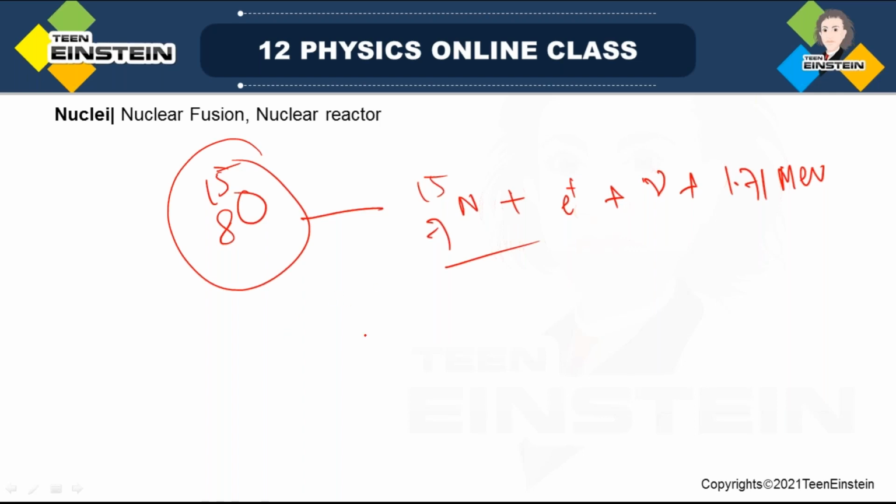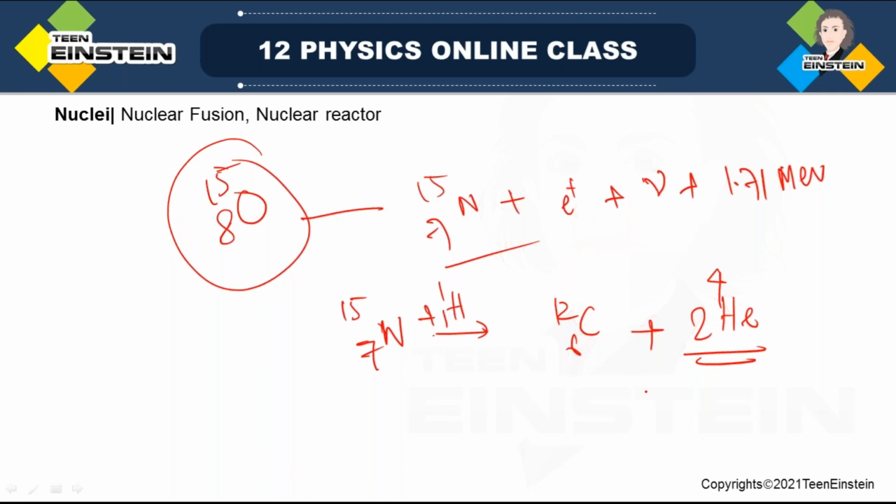And then finally, this nitrogen 15, nitrogen 7 15, upon absorbing one proton, will give you C 6 12, this is the natural one, then 2He4.